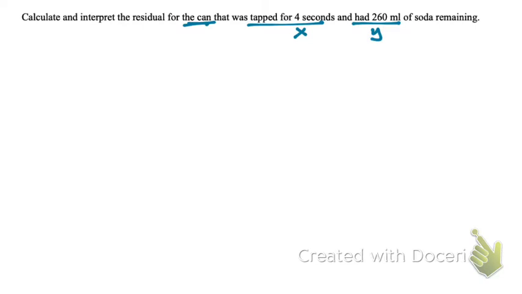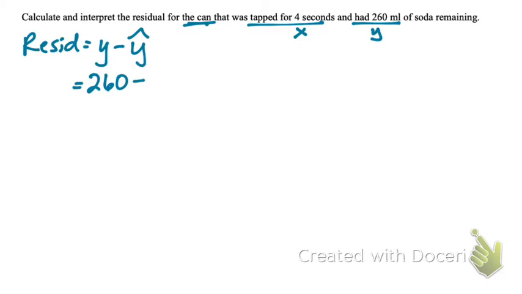To calculate the residual, I'm going to need the actual y and the predicted y. I already have the actual y value, which is 260, but I need the predicted y. In order to do that, I need the equation, and I'm going to plug in 4 seconds for x.